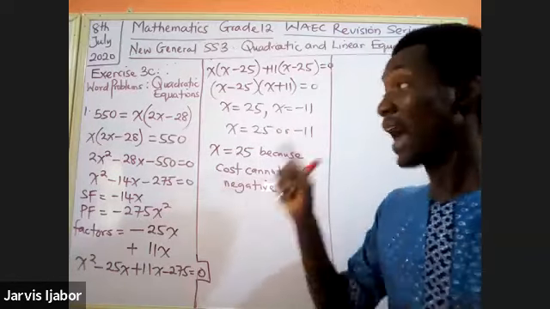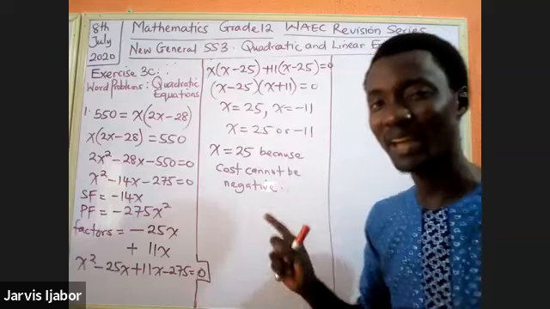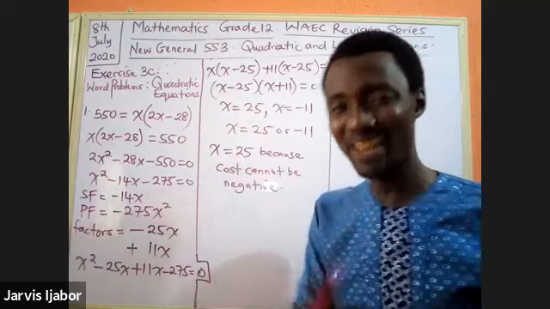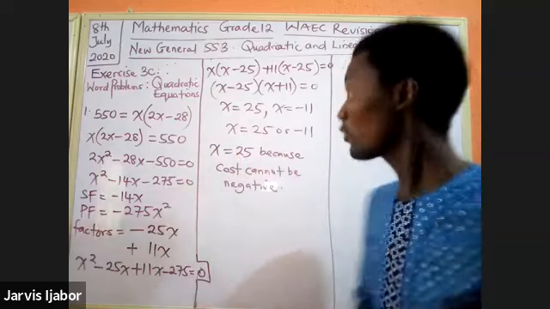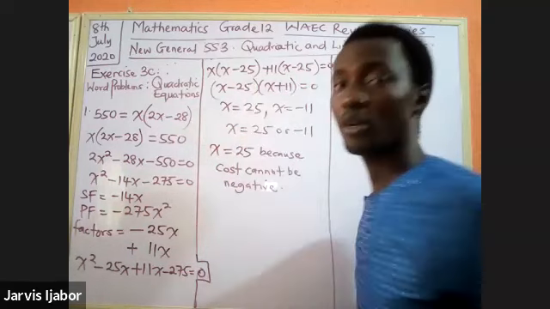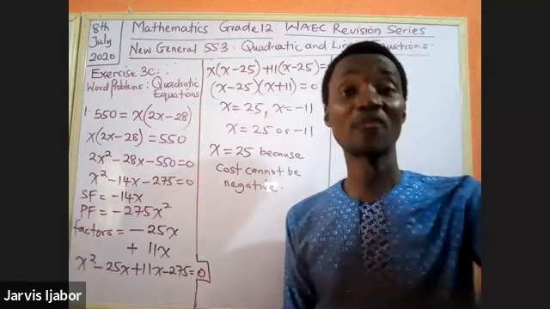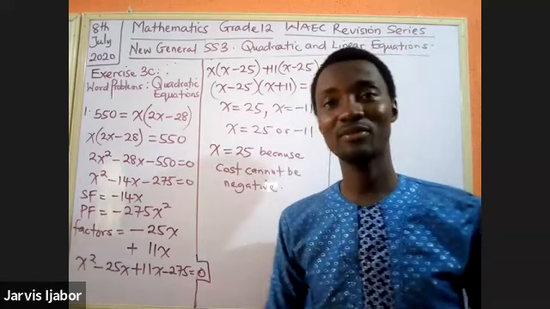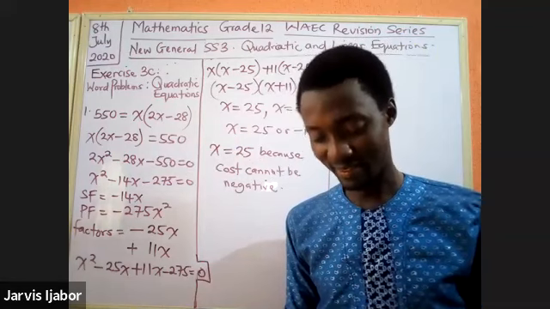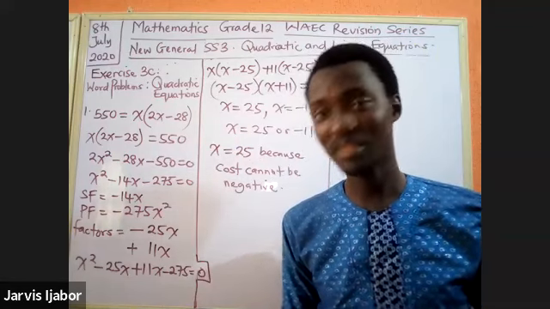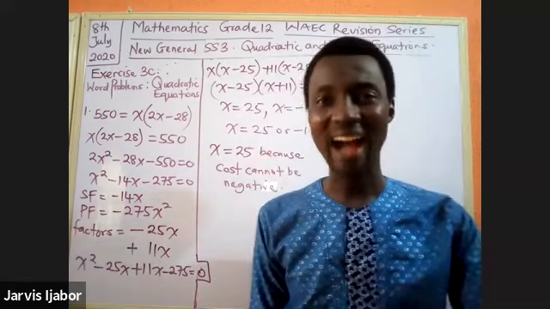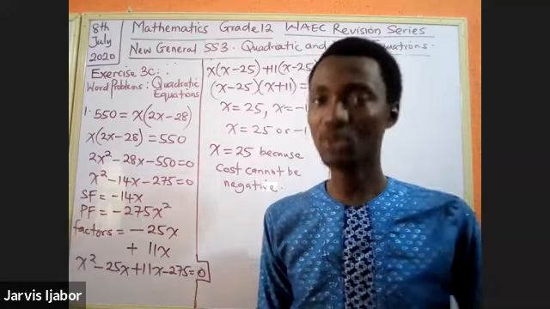And that's why I'm solving these questions one after the other. Cost can never be negative. So even though you've gotten x equal to this and this, you cannot use this because cost cannot be negative. The number of items cannot be negative. So take note of that. Very important to remember that. Cost cannot be negative. The number of items counted can never be negative.